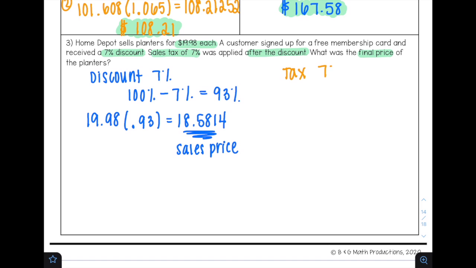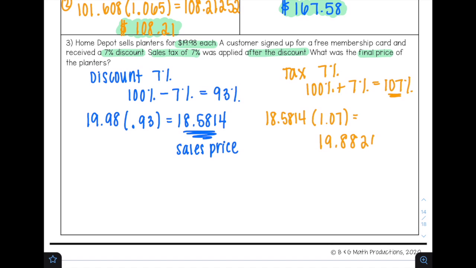I'm going to use this for my tax. My tax is 7%. Again, 100%, I'm adding it here instead of subtracting to get 107%. So I'm going to take my 18.5814 because I'm going to round all the way at the end. I'm converting this into a decimal to be 1.07. And I'm going to get 19.882098. Was it close to the original?